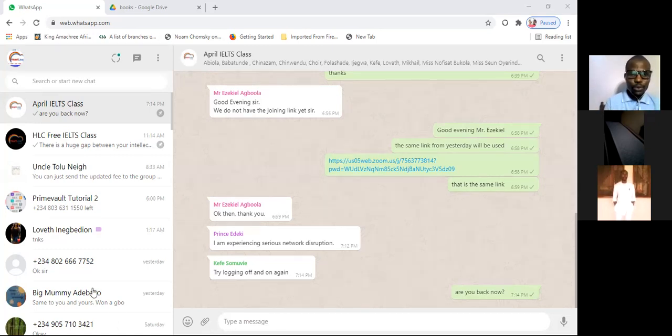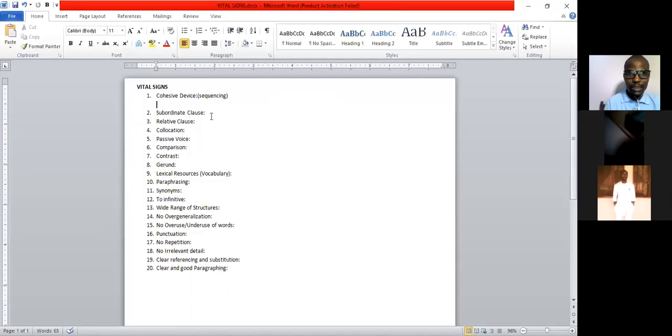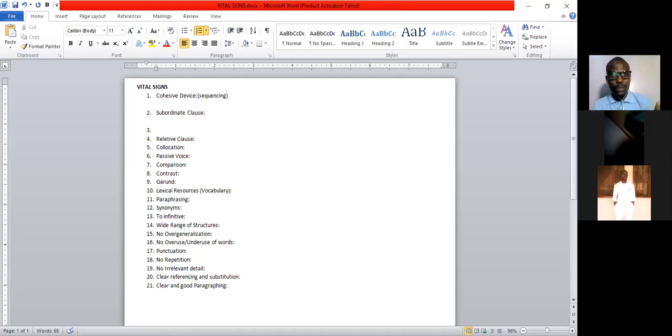All right. So let's move on to another place. Now, typically, subordinate clauses. The second one is subordinate clause. Subordinate clauses help you to write a good essay.